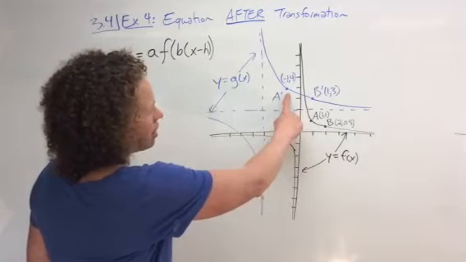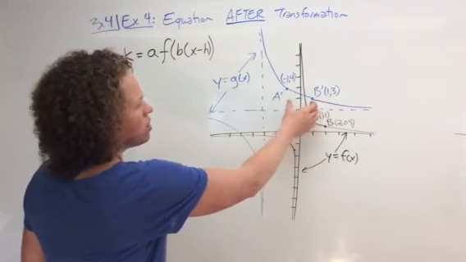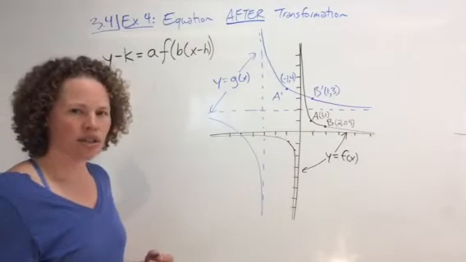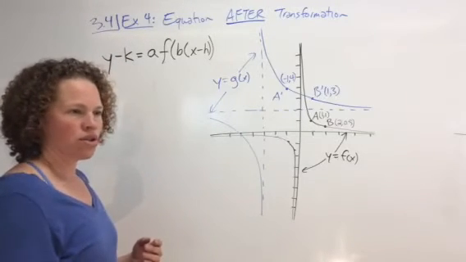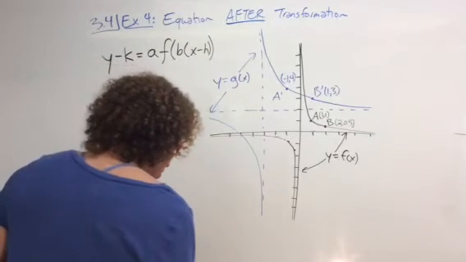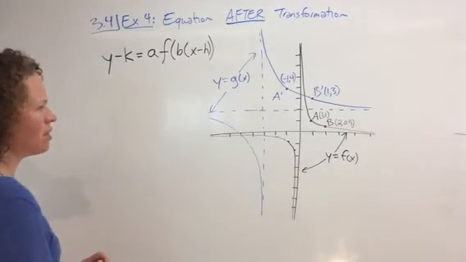Here, it's at -1 and 1. So this is 2. I can conclude then that the stretch is 2 for the horizontal compression. I'll show you how to do that by writing out the steps.